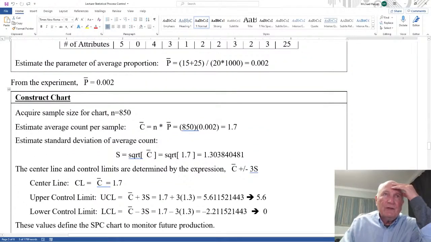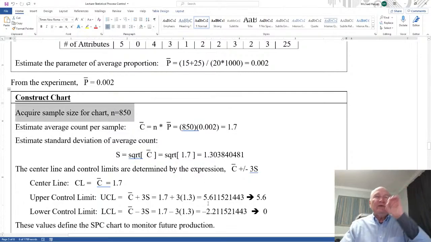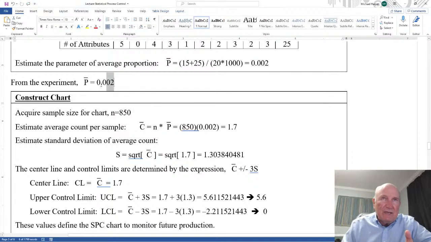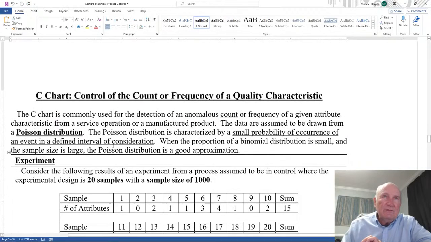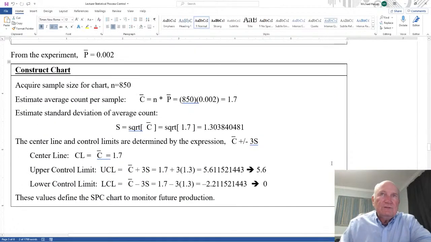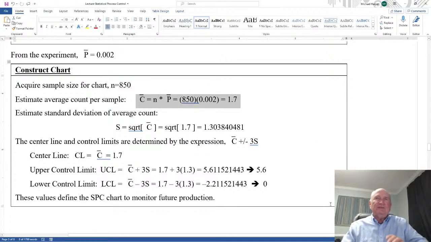Here we go, from the sample size. Now the mean is not the average P bar. That's not the mean of a C chart. That's the mean of a P chart. But that's too small to be binomial. It's small, so it has to be Poisson. So up here, the average is going to be C bar, the average count. C bar is the sample size n, which is 850, times P bar. In other words, on the average, how many attributes will we see out of 850?